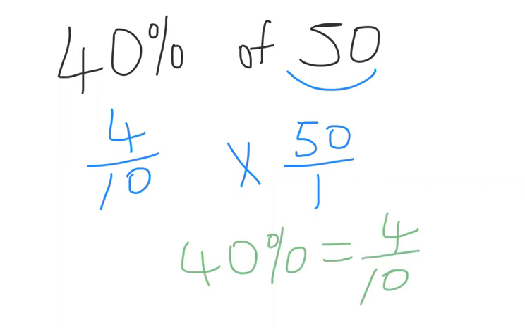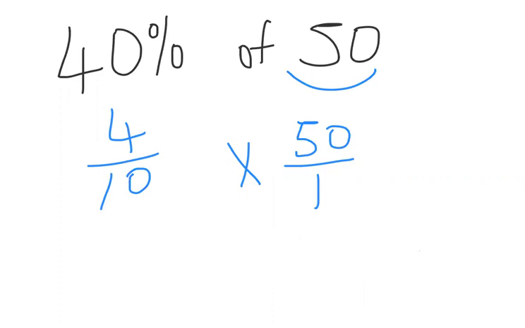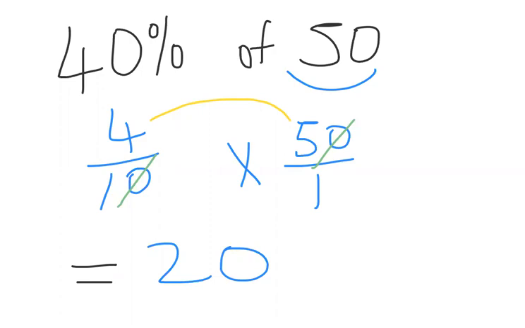Again, this is on your page already, and I'm sure you know it by now. So I just write 4 over 10, and then you can see the sum is a little bit simpler, where I just simplify the zeros, and then I can just write 4 times 5. 4 times 5 gives me 20. Then that's the answer.